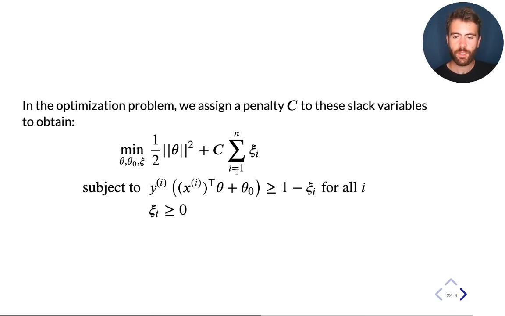Here I have the same constraint as earlier, except that I have introduced this slack variable xi, which has to be positive because it's the degree by which we are not satisfying this constraint. And in order to encourage small xi, we're going to add a penalty term that forces them to be small, and C is the strength of this penalty term. C is a hyperparameter.